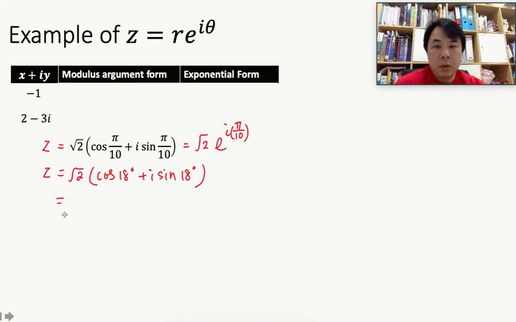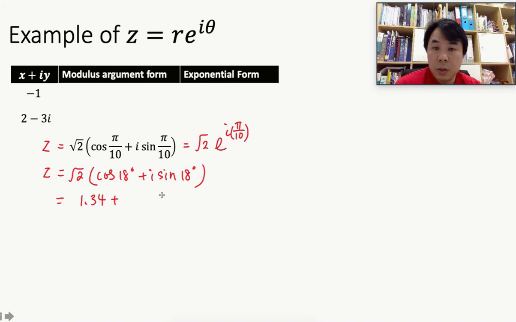Okay. Now, of course, you can use your calculator in this case, and then just let me try in this case. So we have a cosine 18. Okay, what do I have here? 0.995, and then multiplied by 1.41. Okay, multiplied by square root of 2 here. So that would actually give me 1.34. So this is 1.34, and then plus the other one.